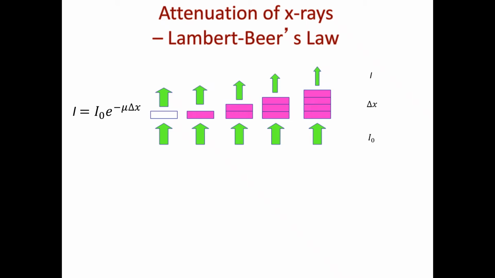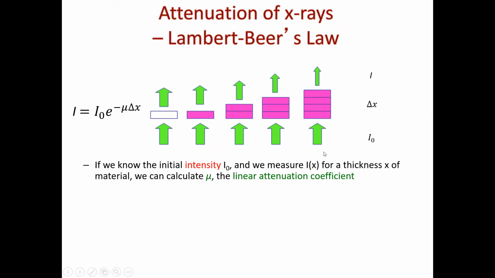And in the most simple case, I just have this constant mu. And things then stack up, right? So they add up. So if I have a thicker material of the same intensity, I'm just going to have a different delta x here, or 4 delta x in this particular case. And that's going to reduce my intensity according to this law, which is called Lambert-Beer's law.